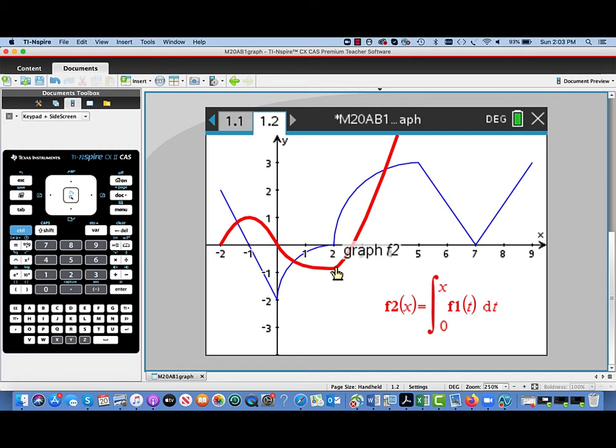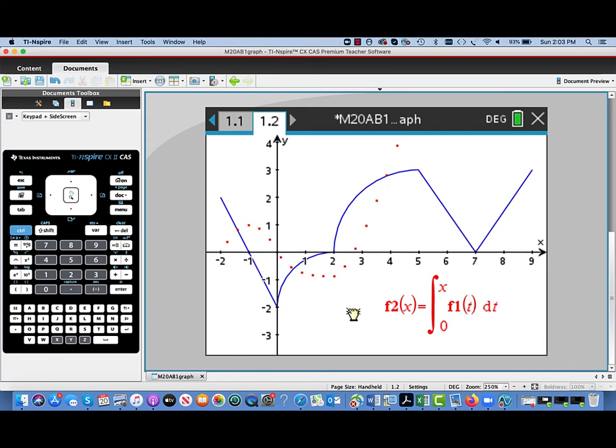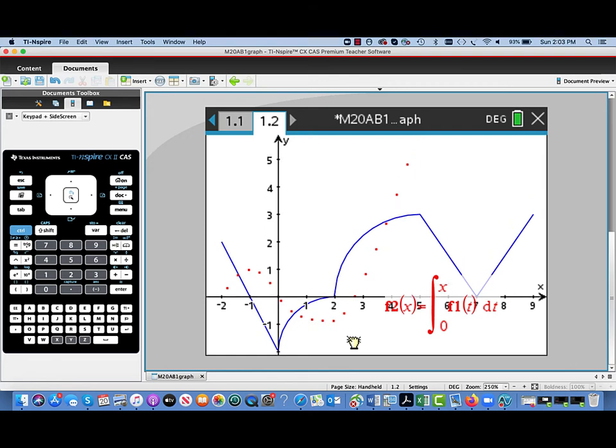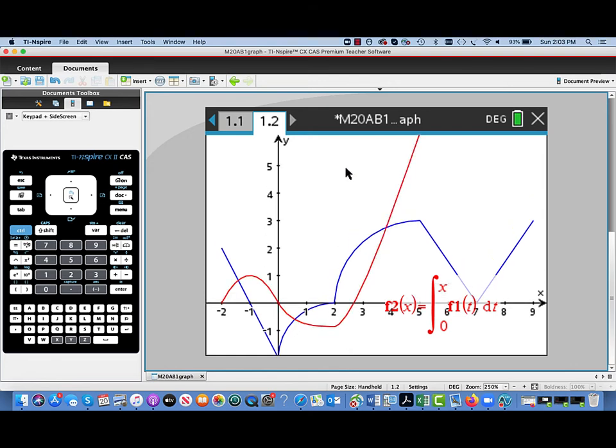So you see an inflection point at 0. Where those two quarter circles join is also where that blue graph crosses the axis, changes from negative to positive. That's the location of a local minimum. And let's take a look. We've got a couple of other places where the blue graph changes from increasing to decreasing or decreasing to increasing. Those should be inflection points in our red graph.